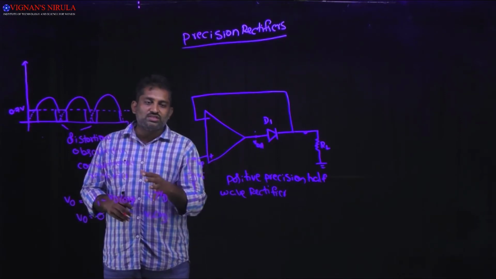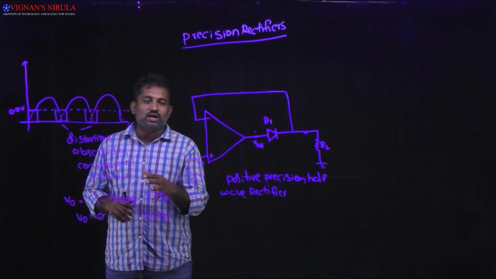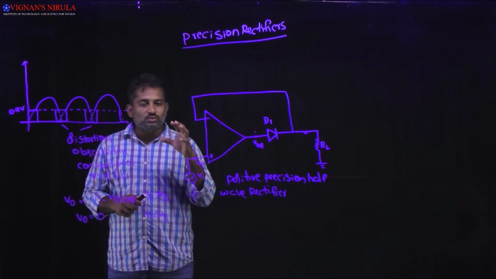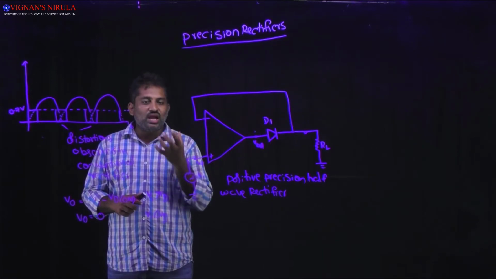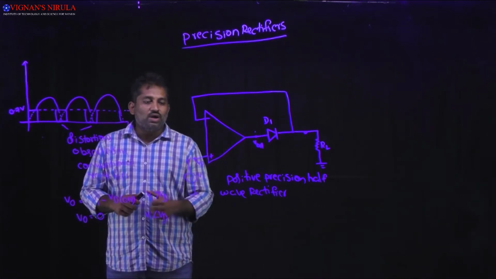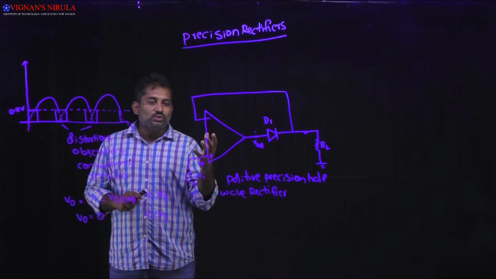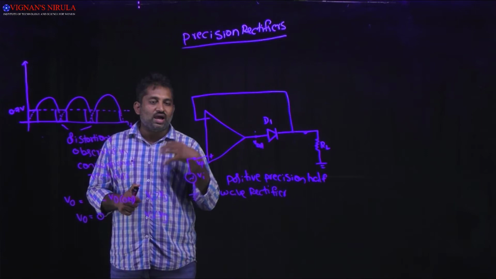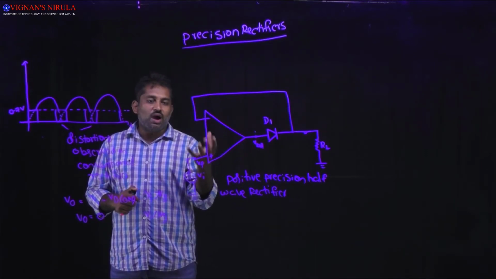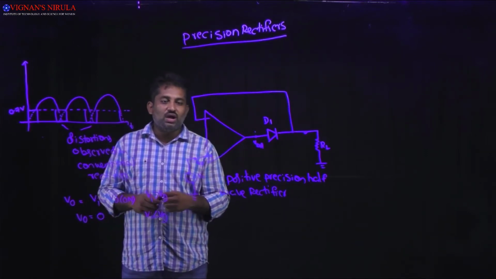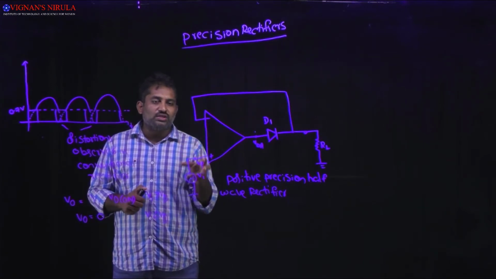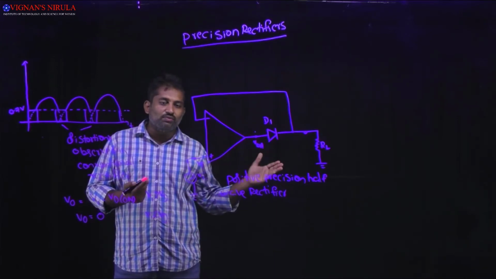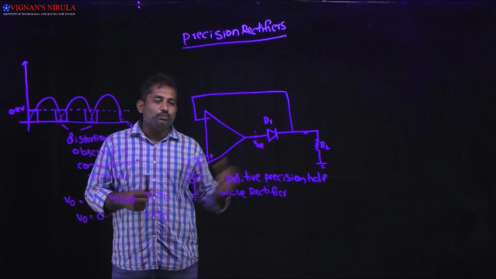To overcome these disadvantages, we go for precision rectifiers. In precision rectifiers, we construct the rectifier with the help of an op-amp and a diode. While designing this rectifier, initially we assume the op-amp is operated in open loop configuration, and because of this, when there is a change in the input voltage, immediately we get the output at the output side.